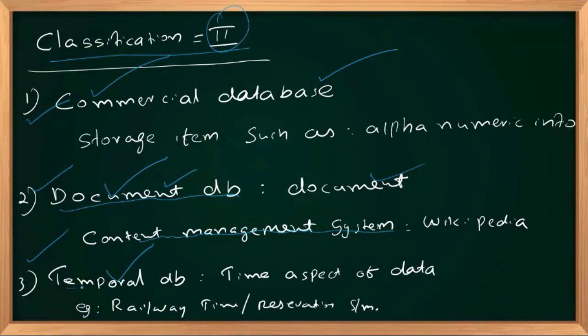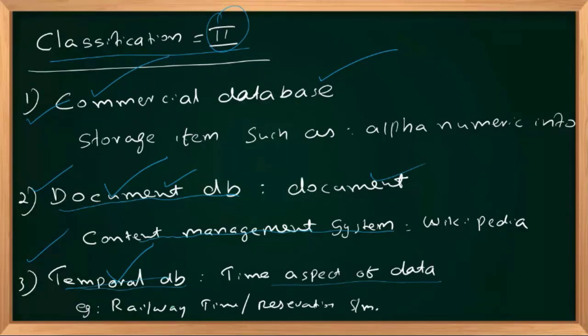Then third one is temporal database. What is temporal database? Temporal database means the time aspects of data are stored. For example, over time the importance of data changes.